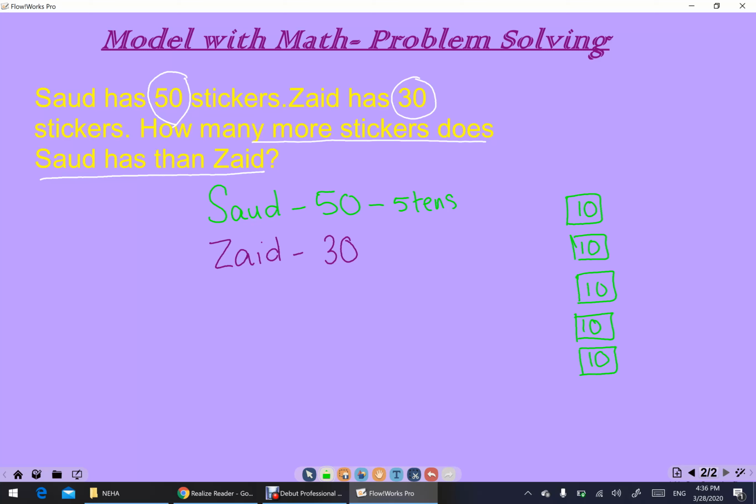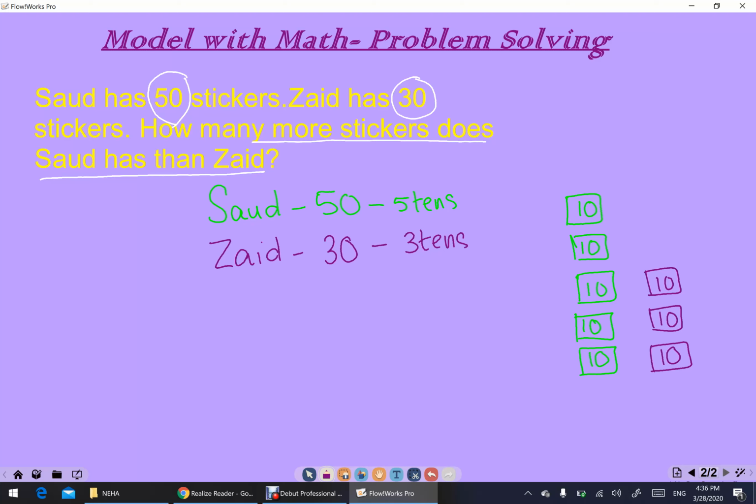So these are the 50 stickers Saud has. Now Zaid, he has 30 stickers. So 10, 20, and 30. So we also know here that 30 is the same as 3 tens.